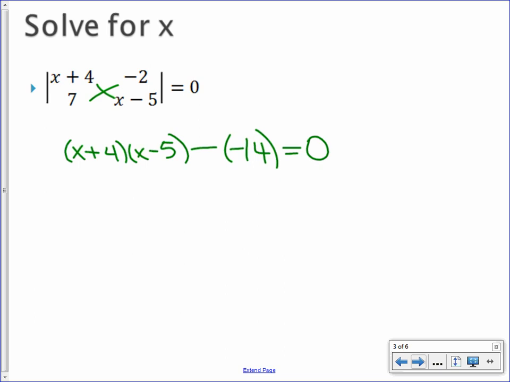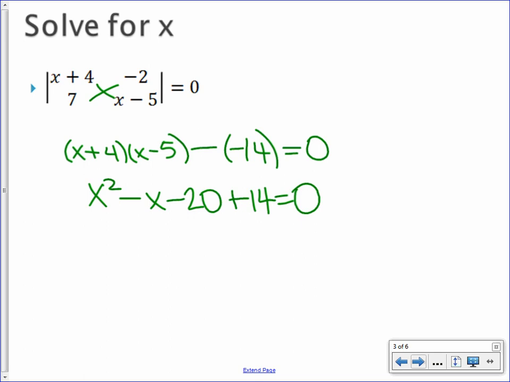What do we have to do to solve this problem? It is a quadratic. What should we do before we factor? We need to multiply all this out so we can see what trinomial we have. When we multiply x plus 4 times x minus 5, what do we get? x squared minus x minus 20, and then we're subtracting a negative 14, which is the same thing as adding 14.